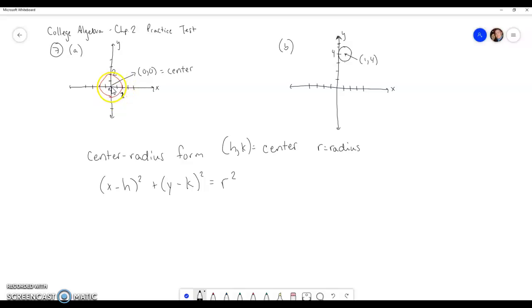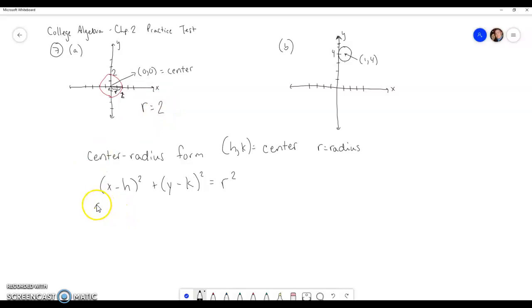The distance from my center to a point along the circle is r, and in this case, your r equals 2.